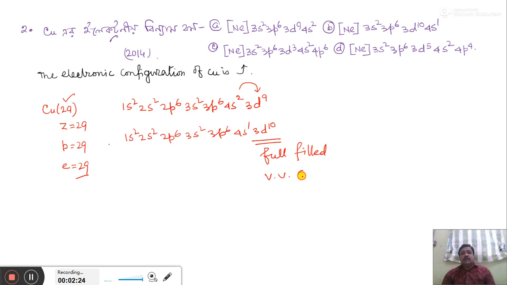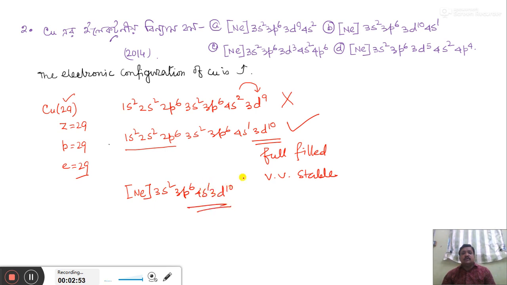So the 4s2 3d9 configuration converts to 4s1 3d10, which is the right configuration. In place of 1s2 2s2 2p6 we can write the neon core: 3s2 3p6 4s1 3d10. So the correct option is option B.